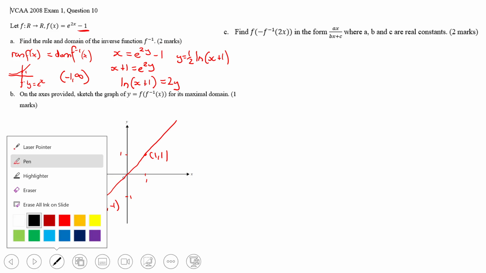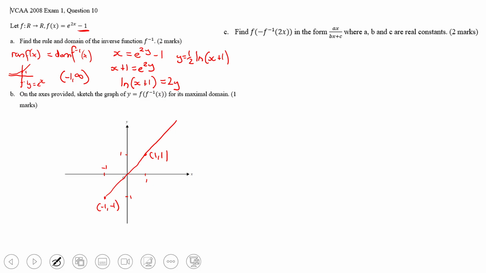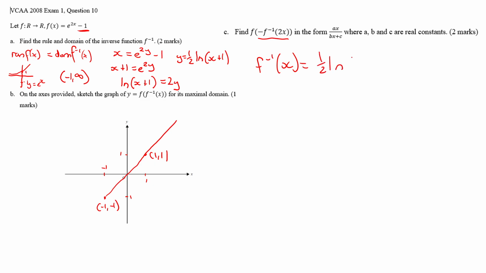For part C, this is the part a lot of people struggled on the exam because they were not able to fully get it into this form. Now, first thing I'm going to do, it says find f of the inverse of 2x in the form ax over bx plus c. So I'm just going to look at this part here first. So I know that I've got the inverse here is a half ln x plus 1.